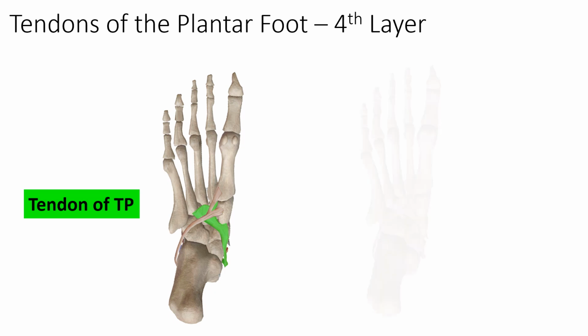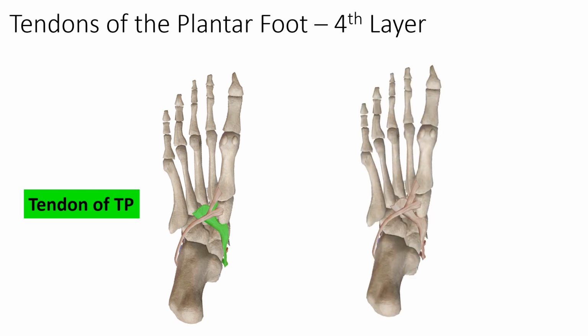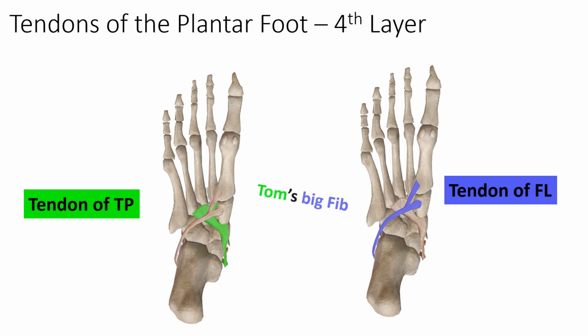And if we look at the same view, we can see that it crosses with the tendon of the FL, which stands for fibularis longus. So the tendons in this layer, we remember as Tom's big fib. So Tom from tibialis posterior, and big fib just stands for fibularis longus. So just think big, we're using that interchangeably with longus.